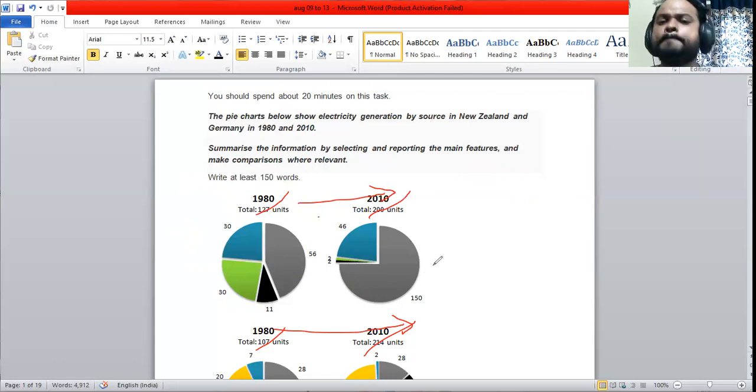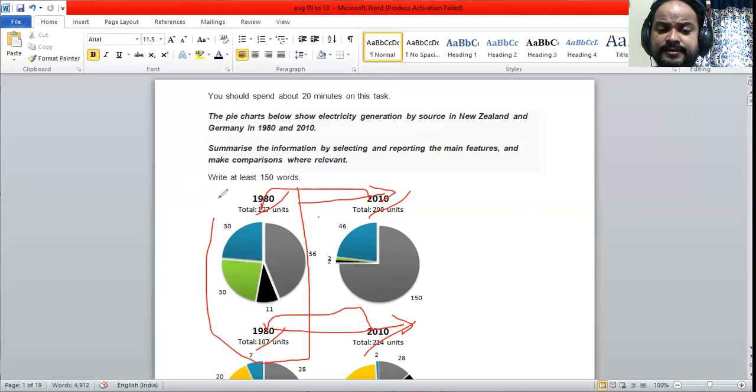We need to note that. First thing is that the consumption of energy increased in both cases. Second thing is that when you compare the countries, it was just 200 here, now it is 214. So energy consumption became more in Germany. So that is something very significant.